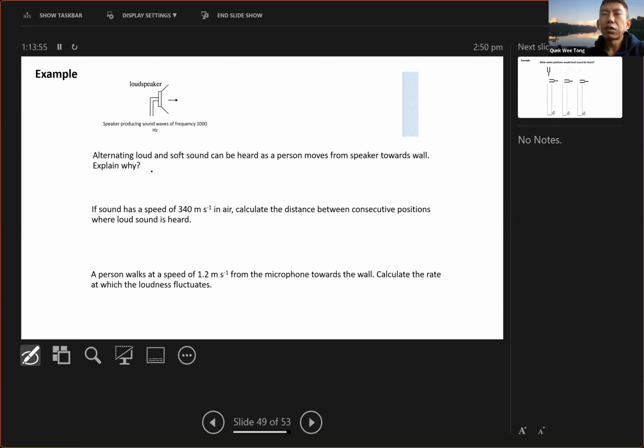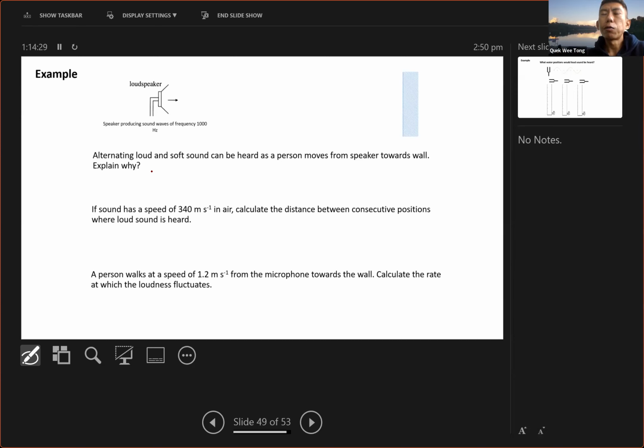At certain positions, these two waves will be in phase and hence undergo constructive interference, leading to the man hearing a loud sound. At certain positions, the two waves will undergo destructive interference, leading to the man hearing a soft sound. And this is why, as the man walks towards the wall, he will hear alternating loud and soft.